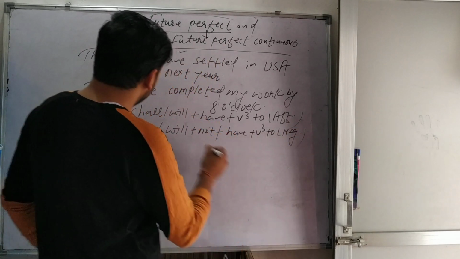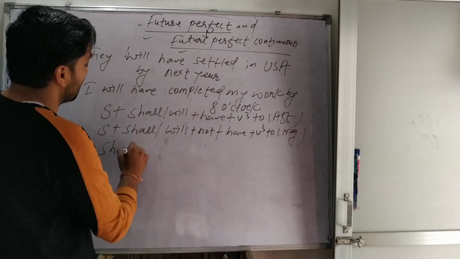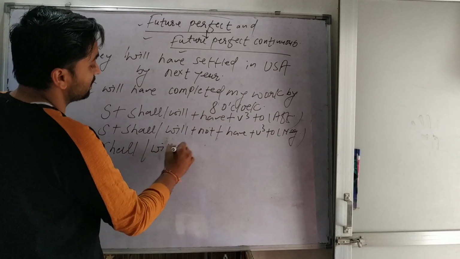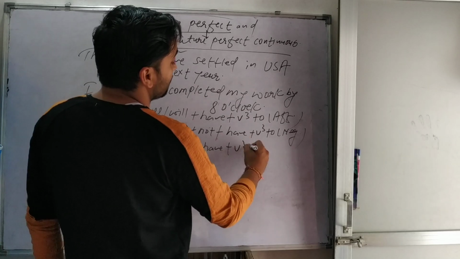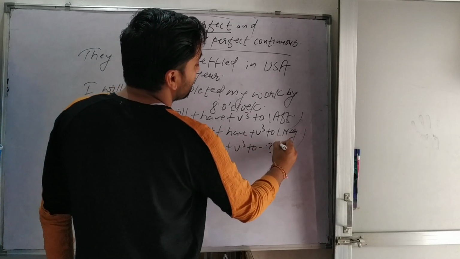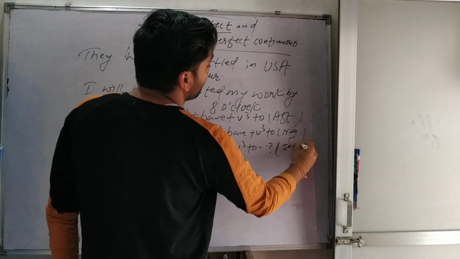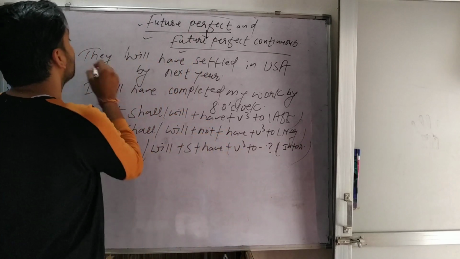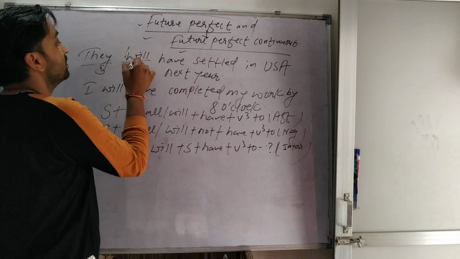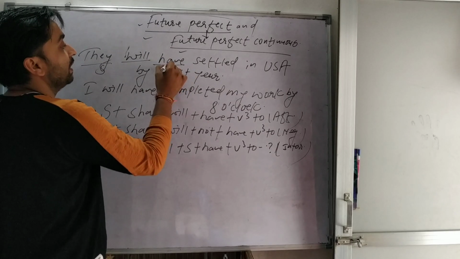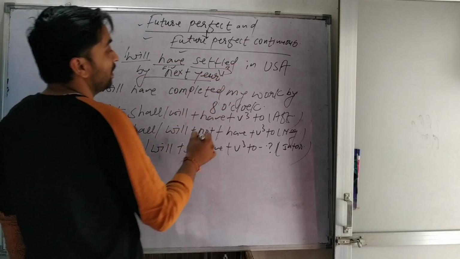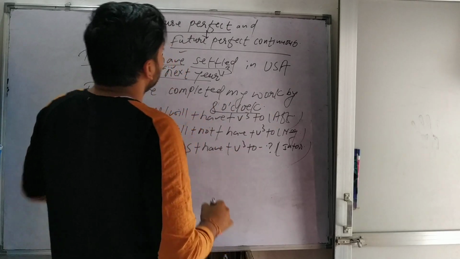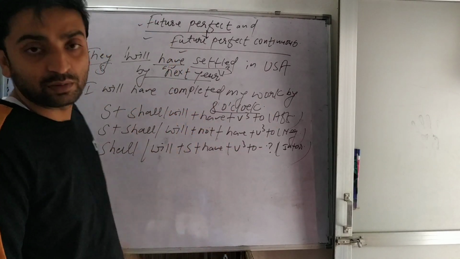Next one is shall/will plus subject plus have plus be3 plus object and question mark. This is the interrogative one. You can see the examples also. Here is the subject, this is the will, this is have, and here is be3. By next year, by 8 o'clock. So this is the structure of future perfect.